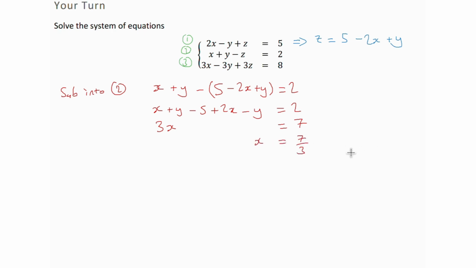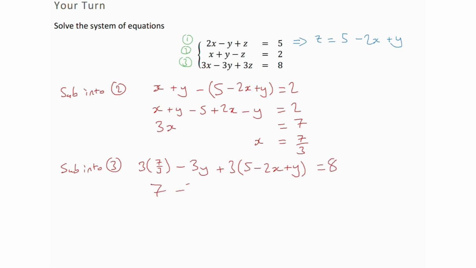Now that's strange that we have got a value for x after only one substitution. That doesn't normally happen. We found a value of x, so let's see what happens if we sub that into something else. If we sub that now into 3, we're going to get 3 times 7/3 minus 3y plus 3z is this thing, 5 minus 2x plus y, and that's equal to 8.